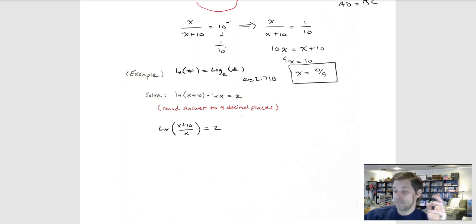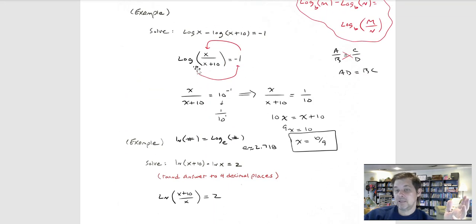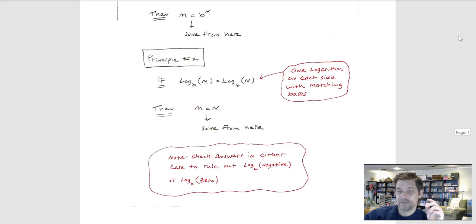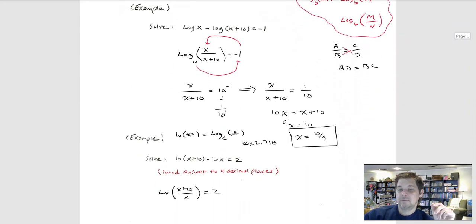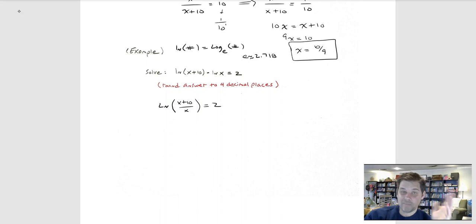Okay? From there, I should apply this pattern. Okay? Where did we begin? We said here's our first principle. If you should end up in this scenario where you can isolate one logarithm on one side of the equation, take the base number, raise it to this power, and say it's equal to this, and then solve it from that point. So I should do that, but maybe I make it a little bit more clear.